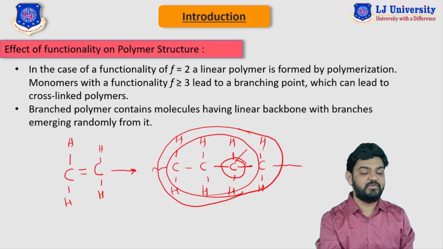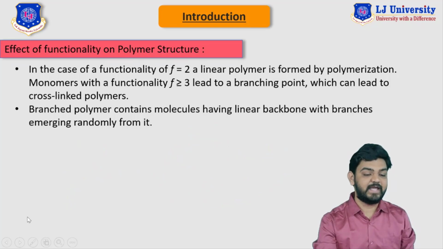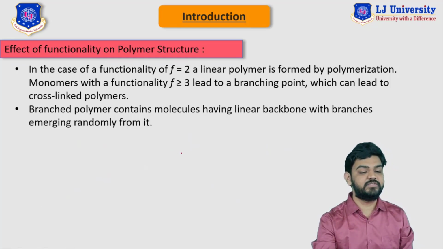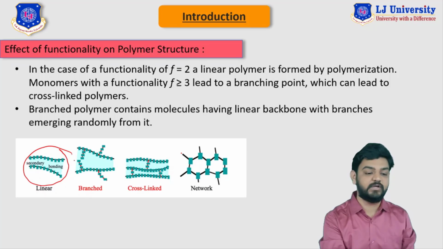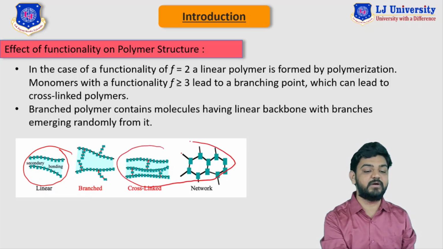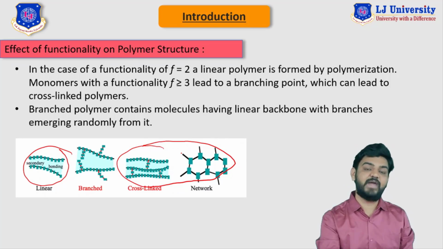Now, let me rub all this out so that I can explain the next image. As you can see on the screen, this linear polymer has a functionality of 2. Other polymers like this cross-linked or network polymer have functionality equal to 3 or greater than 3. So this is the effect of the functionality on the polymer.